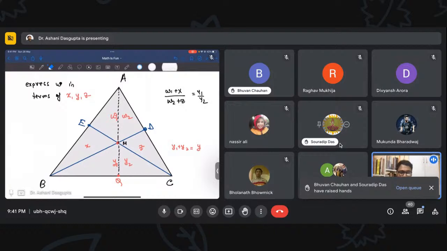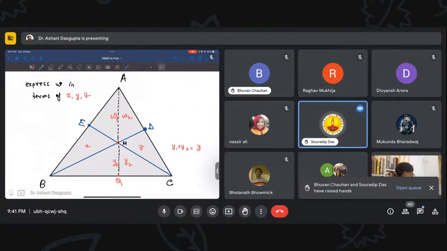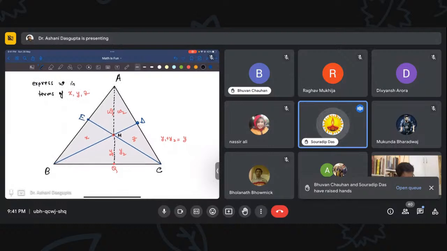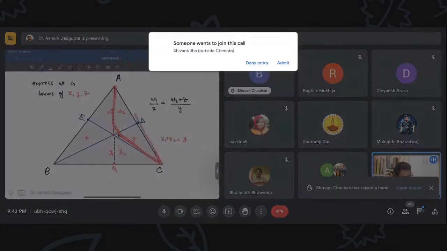Shaurodeep has an idea. Okay, go ahead, Shaurodeep. You can take it in this way, as the base is AB with the cevian meeting CE at E. W1 by X is equal to W1 plus W2 plus Z by X plus Y1 plus Y2, which is the same as W plus Z by X plus Y. Yes, this triangle by this triangle.